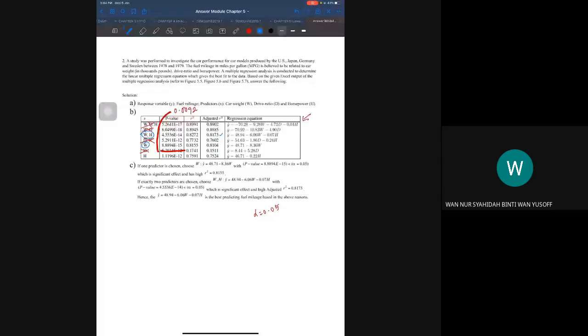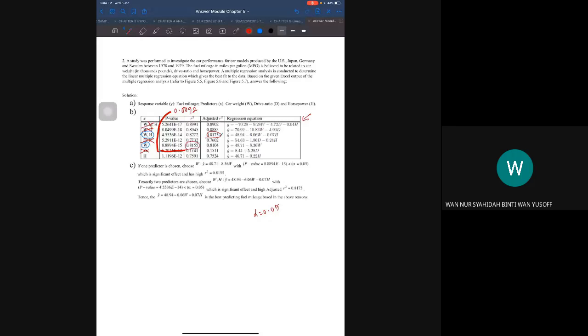Then the conclusion, WH and W, which one is the best one? WH. Both have significant p-value, so we compare the adjusted R square here with the R square.